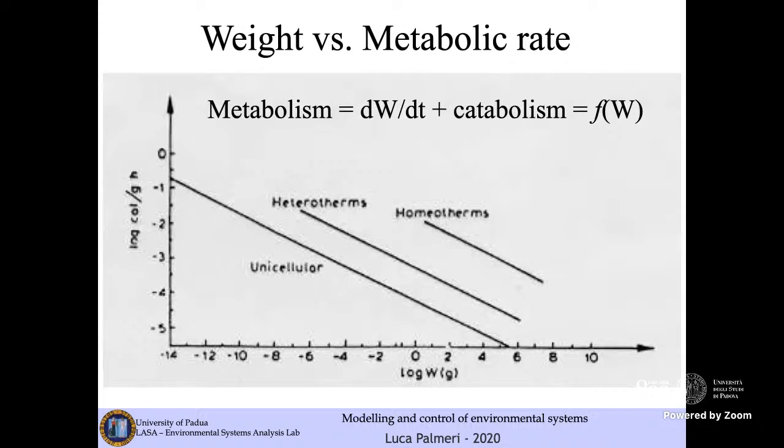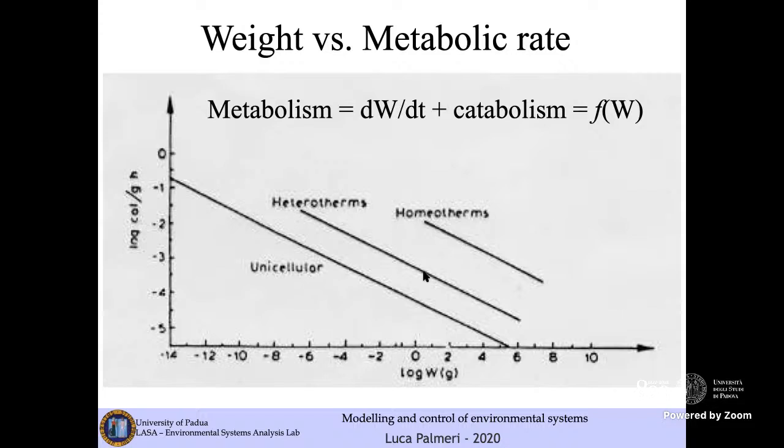Another important thing to note is that we may subdivide the organisms, for example, according to the way they use energy. Homeotherms, like us, are organisms that tend to maintain internal temperature. So, of course, at the same weight, a homeotherm has a larger consumption in terms of metabolic energy.